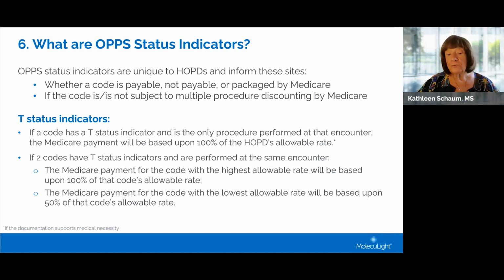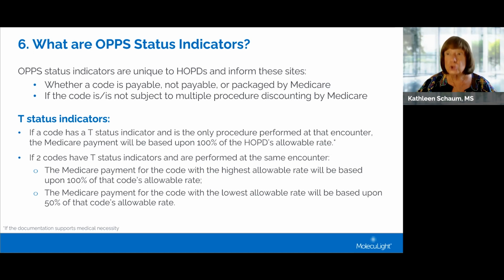CPT code 0598T has a T status indicator, as was shown on the last slide. This means that if 0598T is the only procedure performed at that encounter, the Medicare payment will be based upon 100% of the HOPD's unique allowable rate.